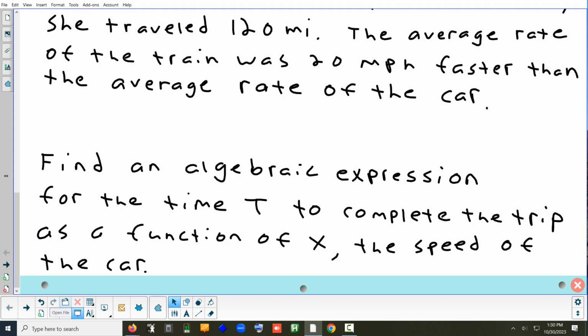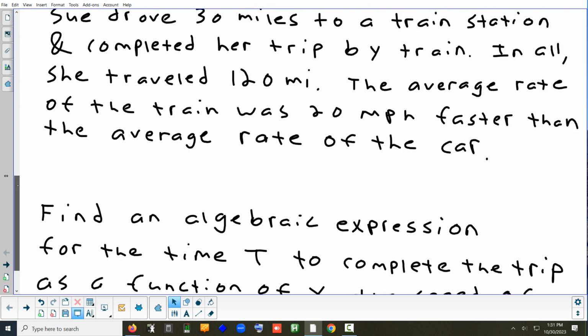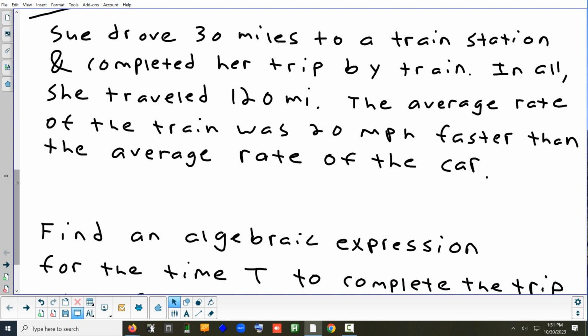Your two choices would be either the speed of the car or the speed of the train. You wouldn't want to let the variable be the distance, because we have enough information to figure out all the distances. So don't let the variable be distance. The variable has to be the speed.